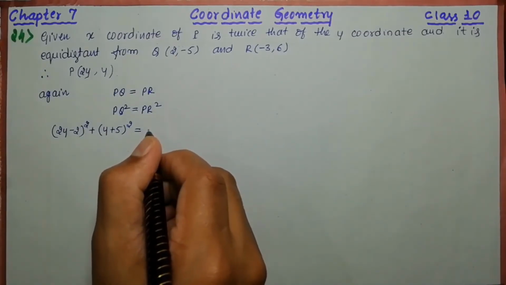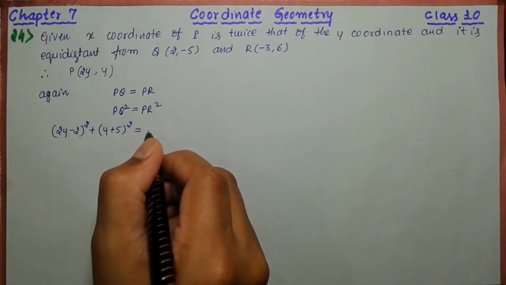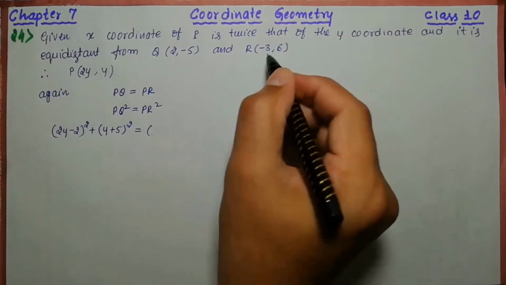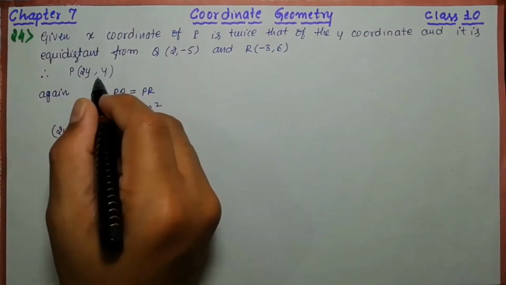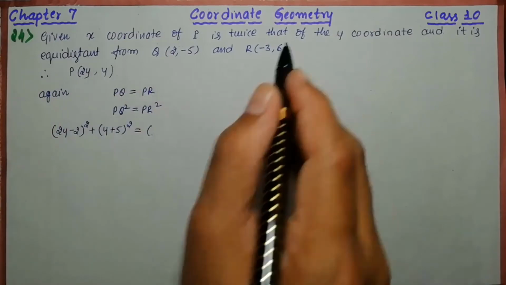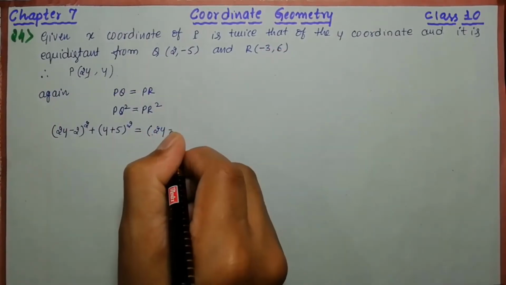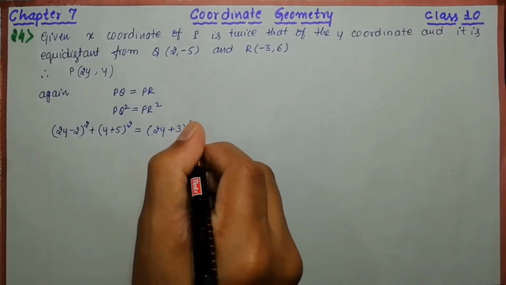I think I have reversed it, even though it's right. If you take the reverse order, it's also right. Now I'm going to consider this one as x1, y1 and this one as x2, y2. X2 minus x1 becomes 2y minus of minus 3, plus 3 whole square.